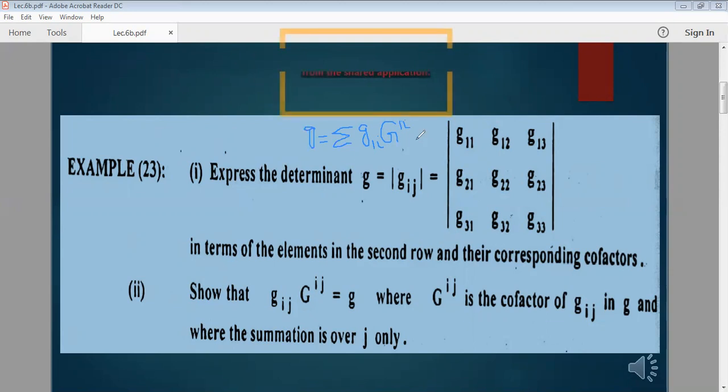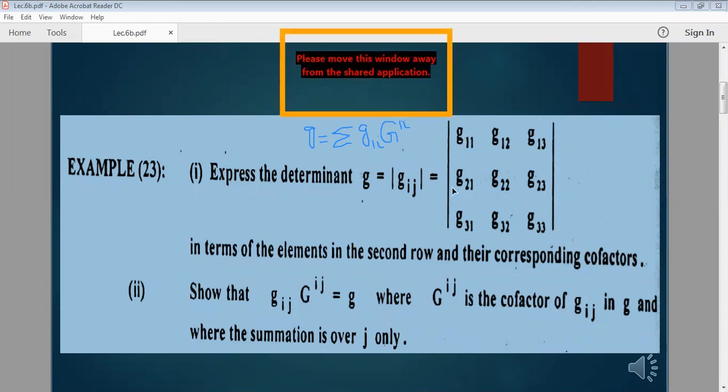We find the cofactors of G11, G12, G13, and multiply and add: G11 capital G11 plus G12 capital G12 plus G13 capital G13.